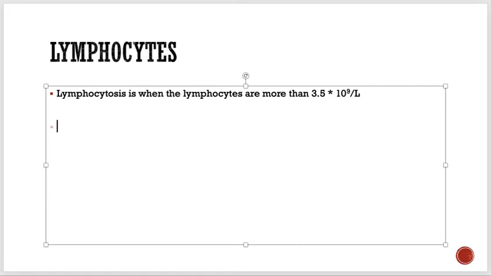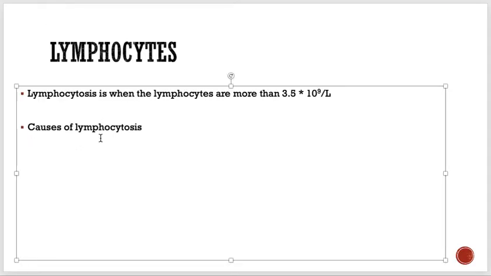Now, the important thing to discuss over here is the causes of lymphocytosis. As I told you, neutrophils are increased in bacterial infection, whenever the body has any bacterial infection.